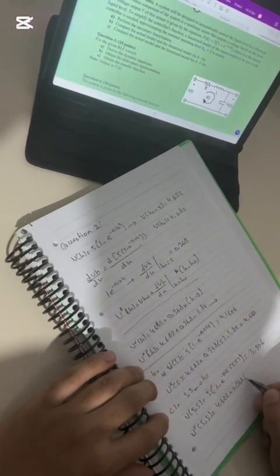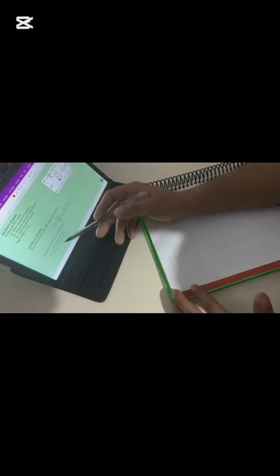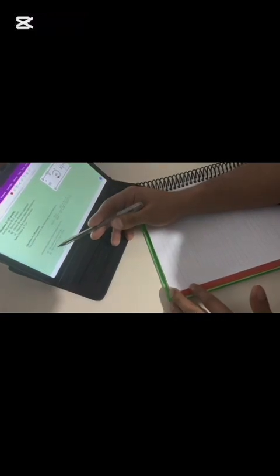0.368. Okay, let's come to question number 4. As you can see here, the teacher has asked us about a transfer function, so we have to simplify that, and then we have to find the unit step input and the unit ramp input.